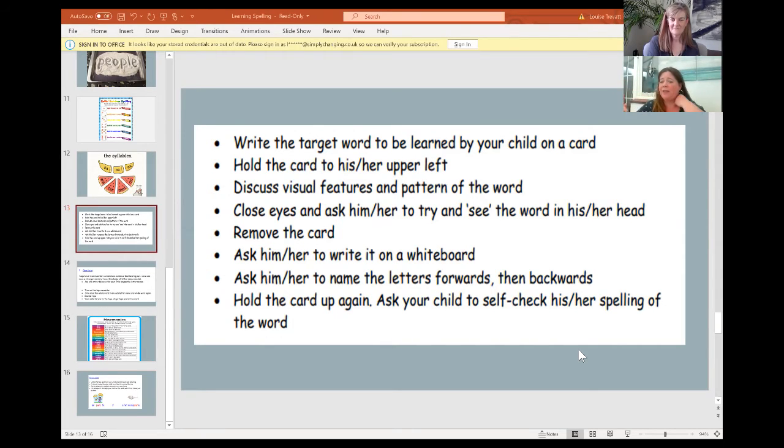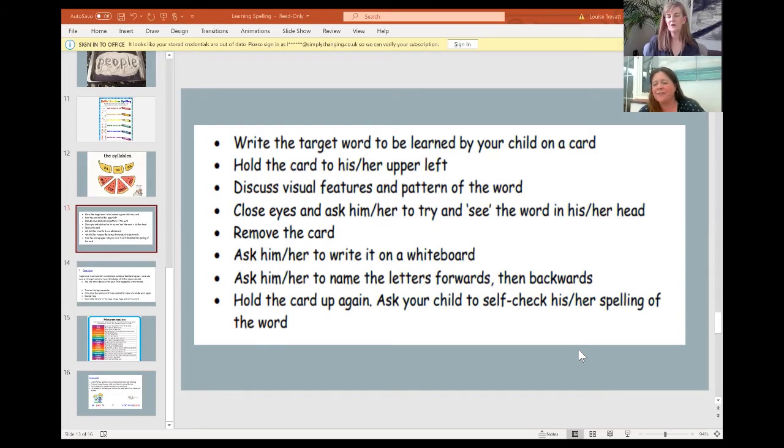So it's not you saying, well done, it was right, or oh no, you got it wrong. They see themselves if it's right, and if it's not quite right, looking at what they have got right and then what they're going to change next time. And then they can have another go.